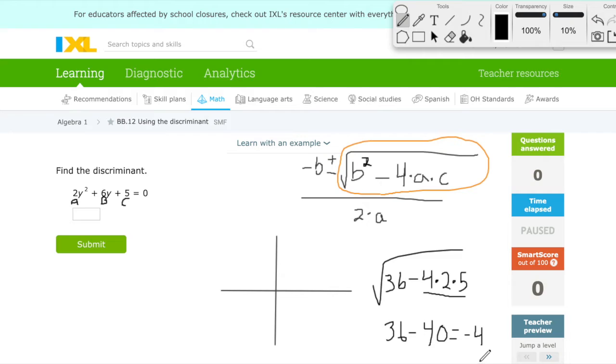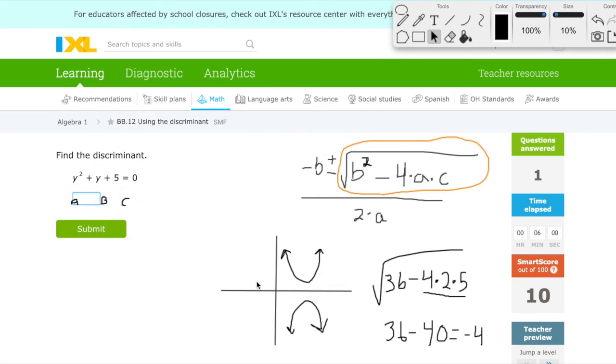So basically what that means is that if the discriminant is a negative number, this parabola doesn't have any x-intercepts, which actually means the U-shape doesn't cross the x-axis at all. So there's a gap between the x-axis and the vertex, or maybe if it opens down, it would be something like that. So if I fill in the negative 4 here, there we go. That's what it shows me.